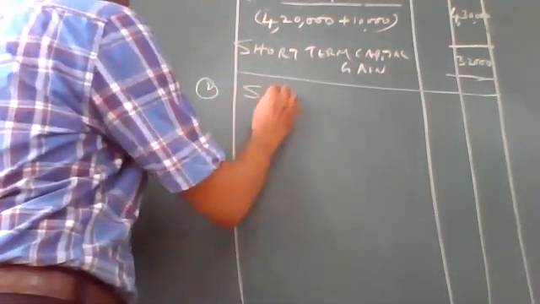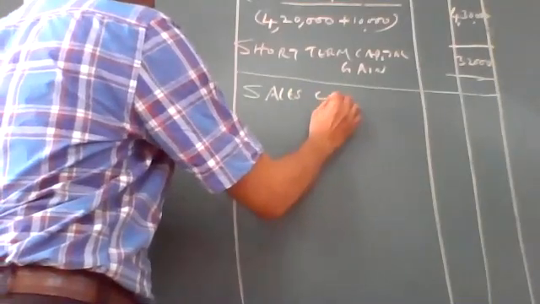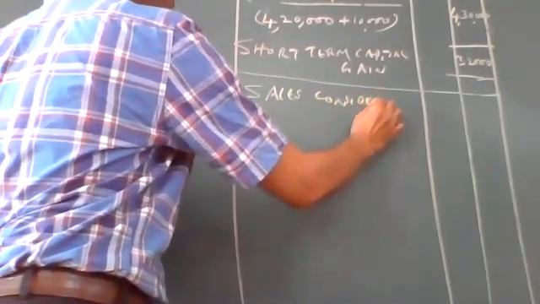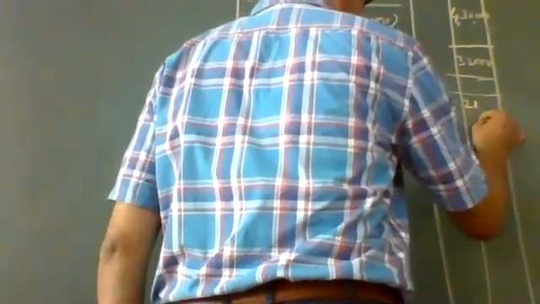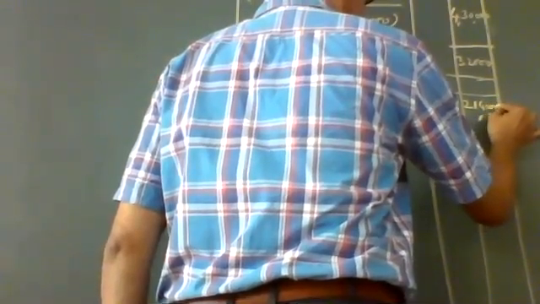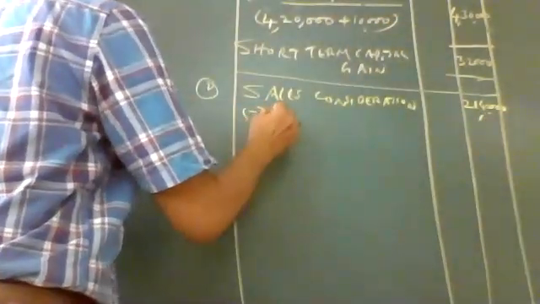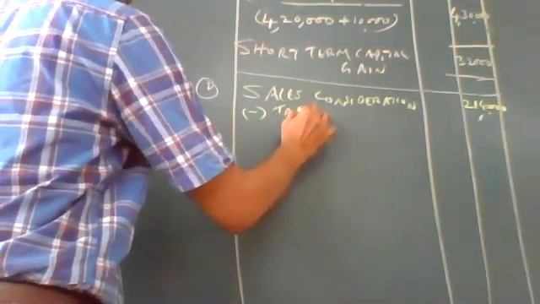Find out the sales consideration for the second one, the sales consideration for machinery. How much is the sales consideration for machinery? So 21,40,000, 21 lakhs 40,000. Then transfer expenses or selling expenses.